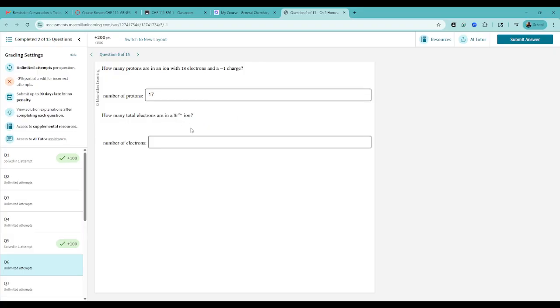How many total electrons in a strontium 2+ ion? Strontium neutral, looking at my periodic table, is 38. So in a neutral compound, it's 38. 2+, I've lost 2 electrons, it must be 36.